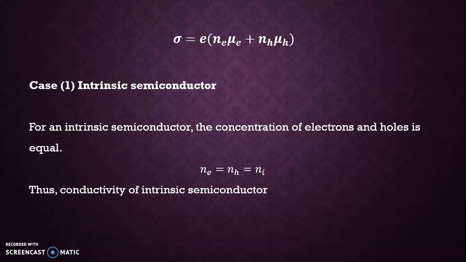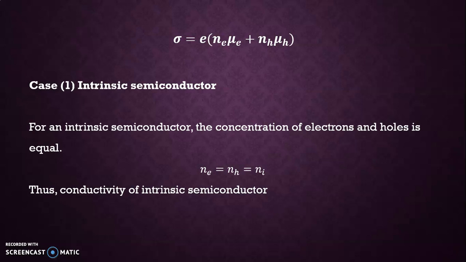So thus the conductivity of intrinsic semiconductor we can write by modifying this equation of conductivity, in which the concentration of electrons and concentration of holes are the same. Instead of that we can put n suffix i.